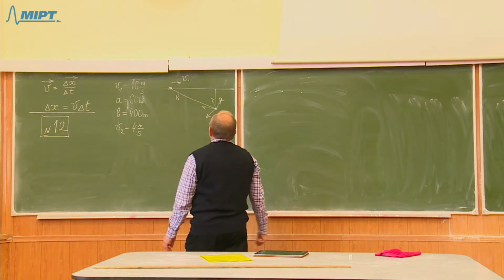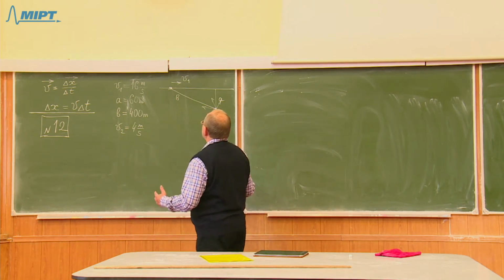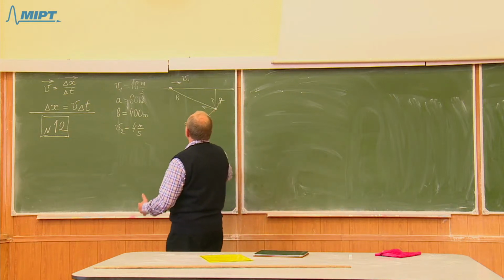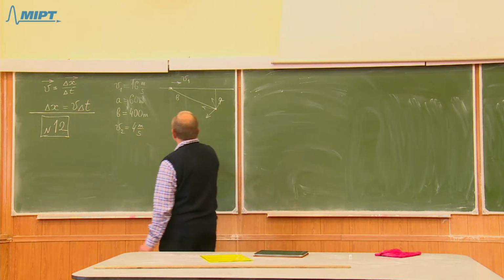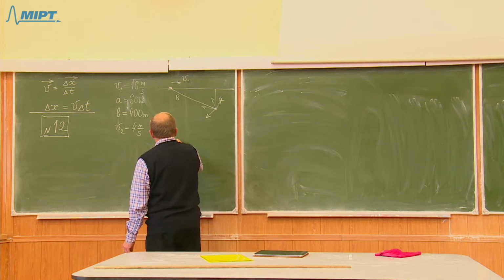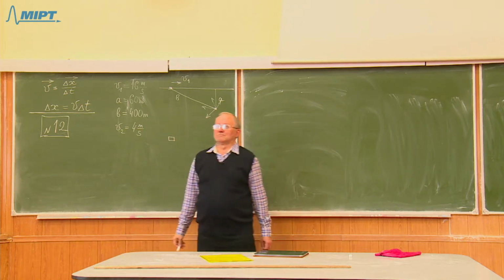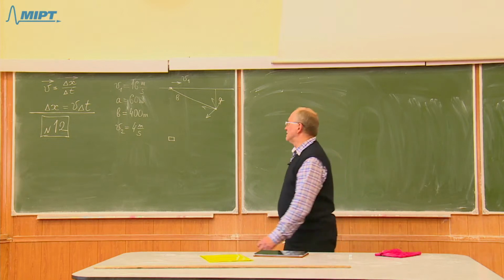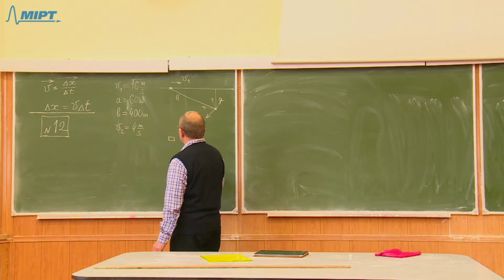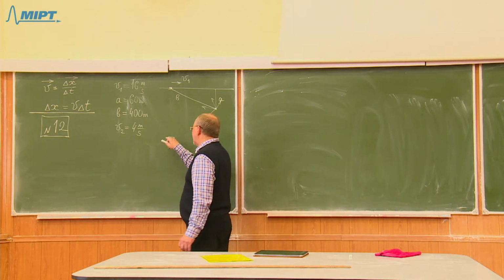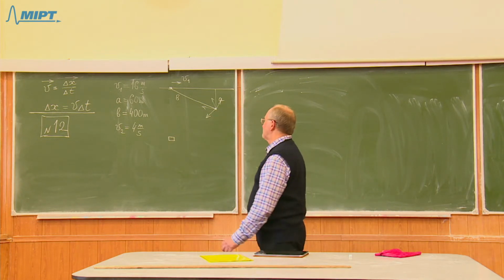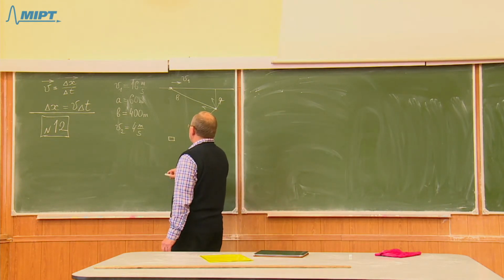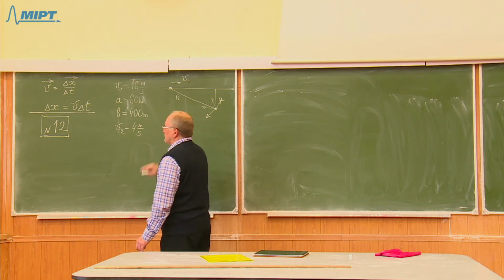So if we imagine that we are in this bus and we are passengers looking at what is going on around, we will see the bus at rest, because now we are in another reference frame connected to the bus, the reference frame of the bus. In this reference frame, the bus has zero velocity.